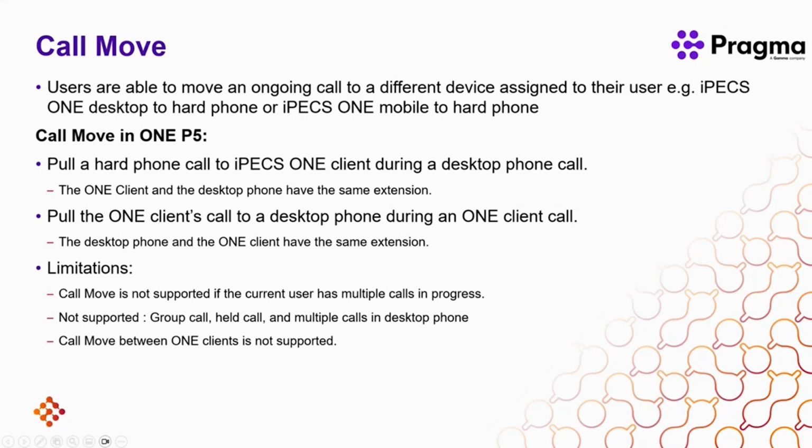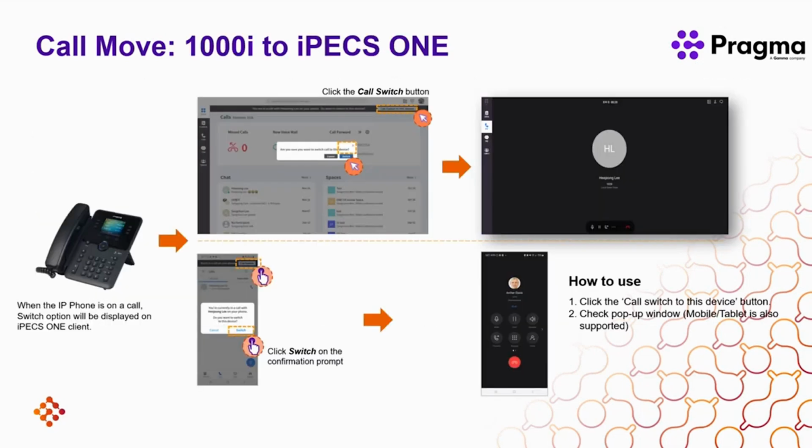Cool move. So we can now move calls between iPECS 1 and a desk phone. It might be easier if I go to the next screenshot. It's quite a busy slide, but if you're on a call on your hard phone and you want to move it to iPECS 1, you can do this now. There's an option within iPECS 1, call switch to this device, and that's the same for desktop and mobile.